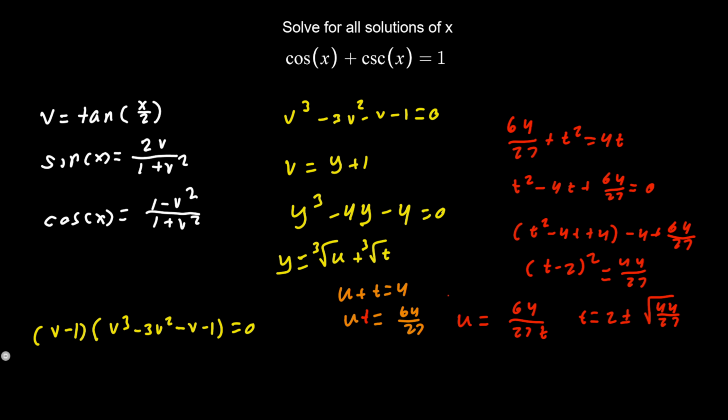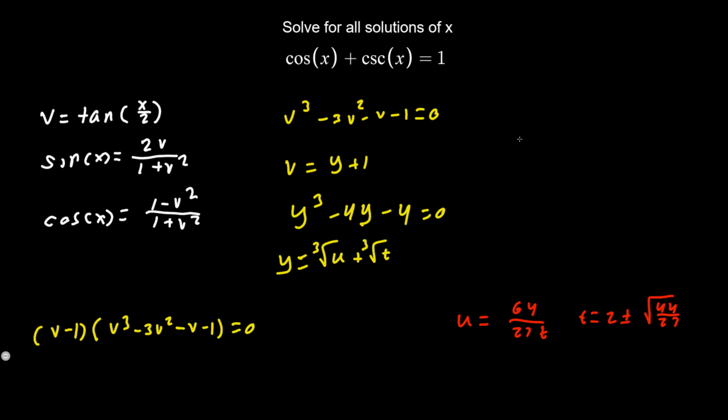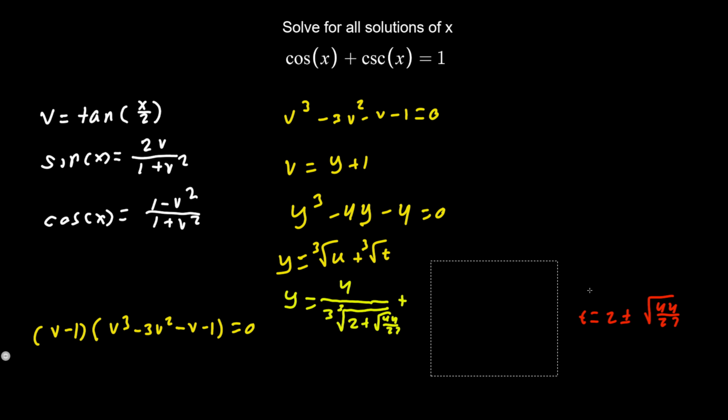And now we can go ahead and plug everything in to find y. We're going to get that y is equal to the cube root of 2 plus root 44 over 27 plus the cube root of 2 minus the square root of 44 over 27.